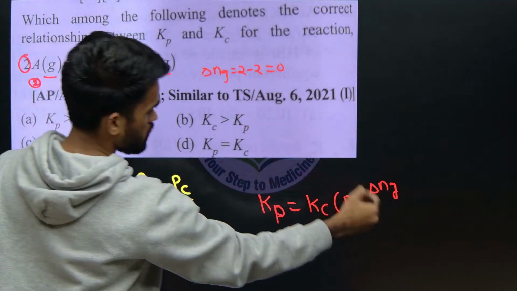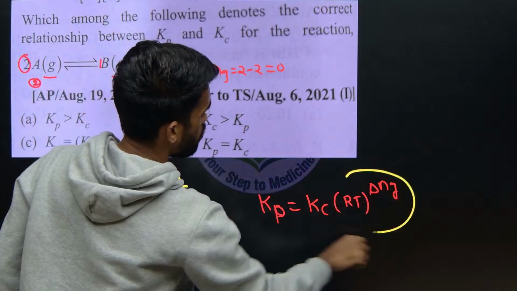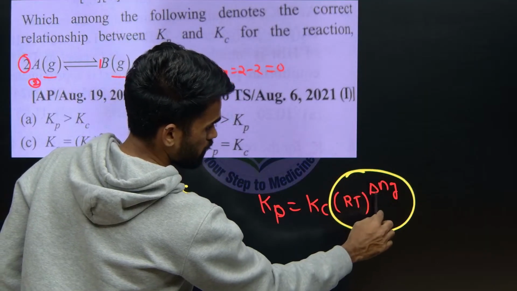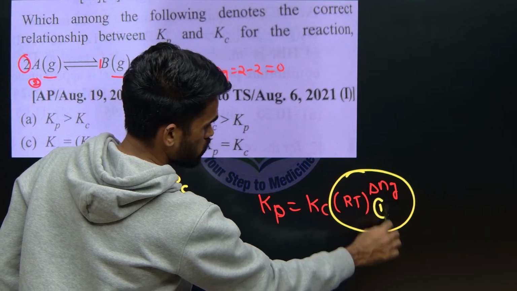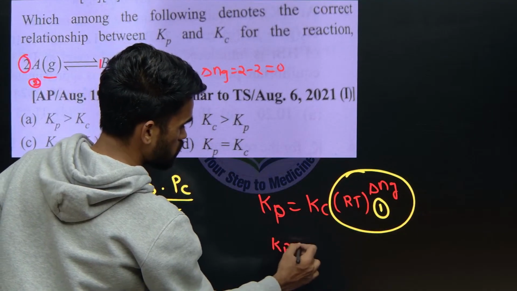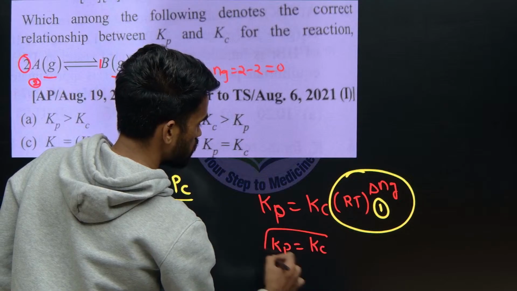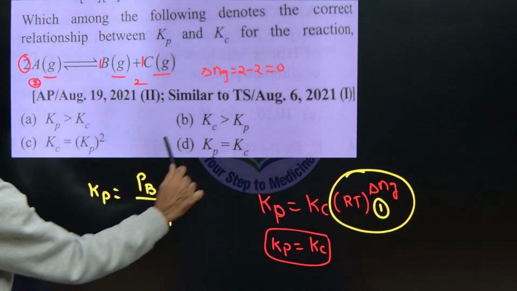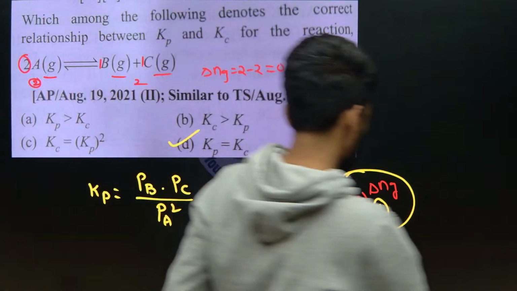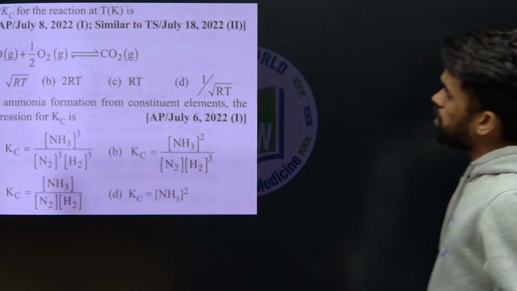If this power is 0, this whole term becomes how much? It will become 1. See, something power 0 will be 1, right? So this second term completely becomes 1. Therefore, Kp will be equal to Kc. That's it. Okay, where do we have it? Option 4. Okay, right.